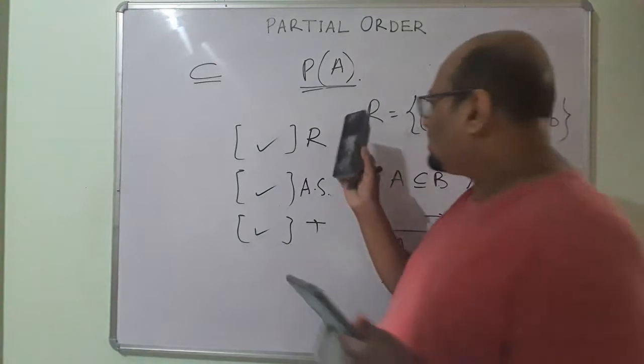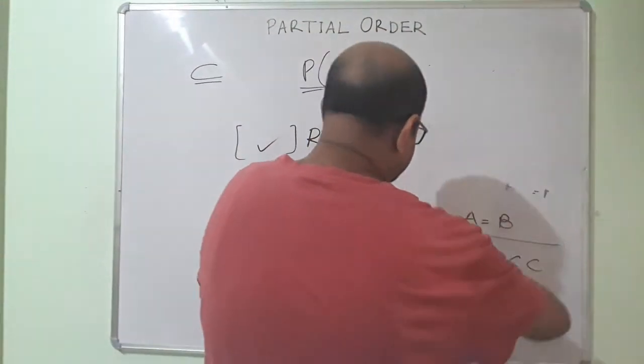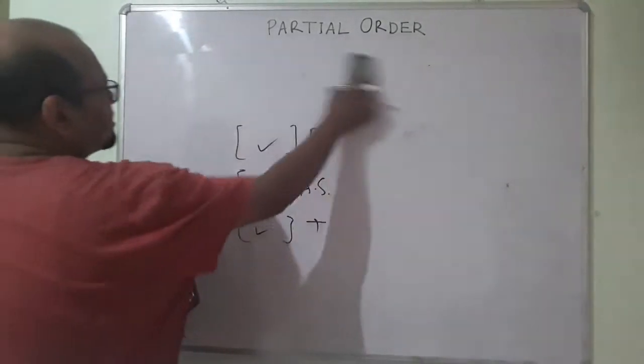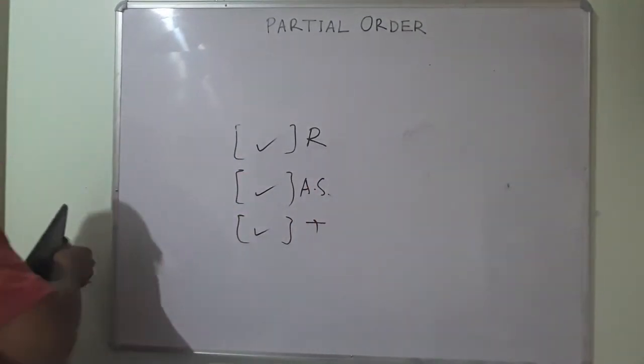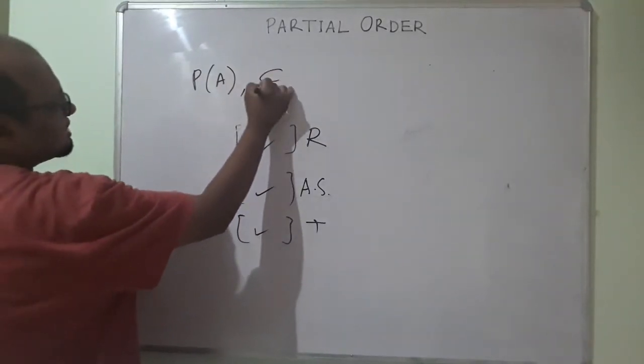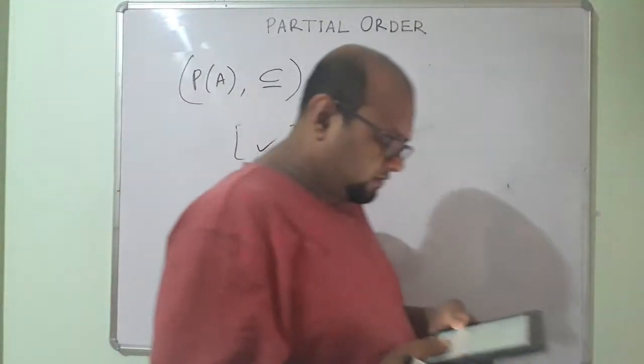Therefore this relation is a partial order relation. That is, this poset, P(A) with the subset relation, is a partially ordered set.